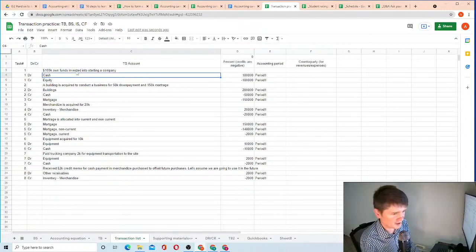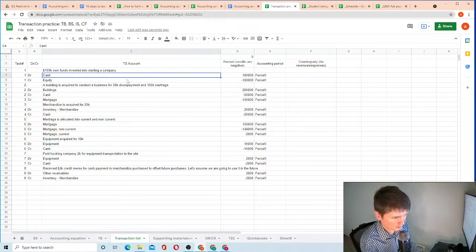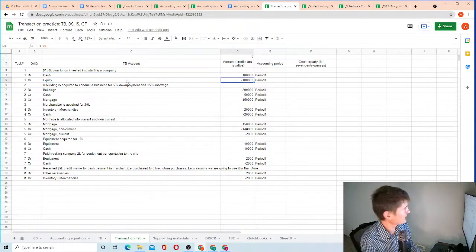So you put money in the business, and you recorded that your business now owns, let's say, $100,000 cash. And the business also needs to reflect that it obtained money from someone. And because you are the owner of the business, it records an equity investment from you.